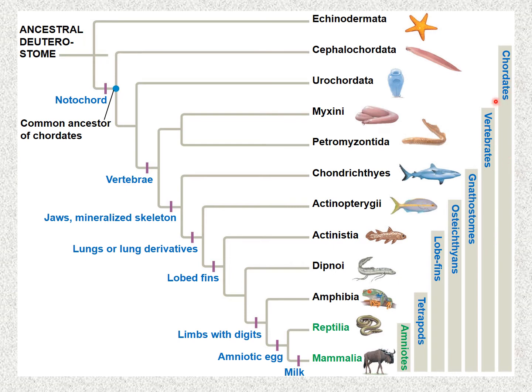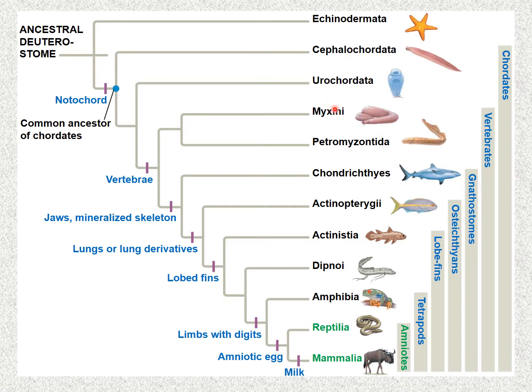Okay, so let's look at the tree again. Just as a reminder, we've already discussed the echinoderms from chapter 33, which are also deuterostomes. Then we moved on to an introduction to the chordates, which included the key characteristics of chordates and the two groups Cephalochordata and Urochordata, which include the lancelets and the tunicates, respectively.